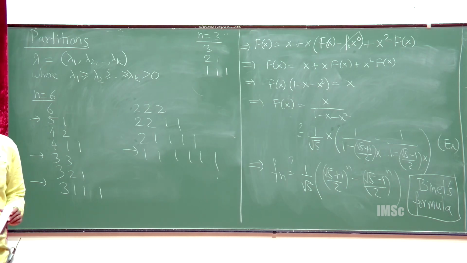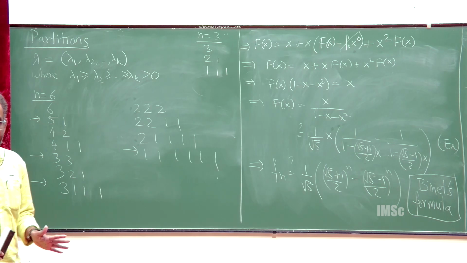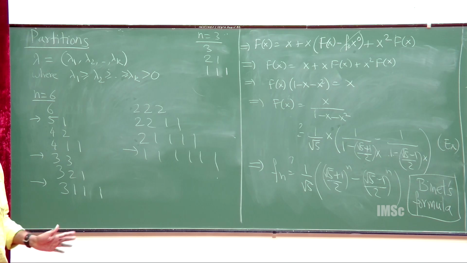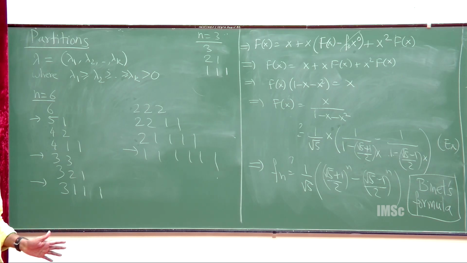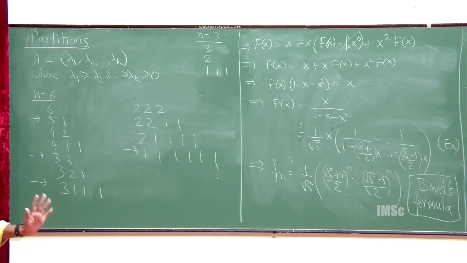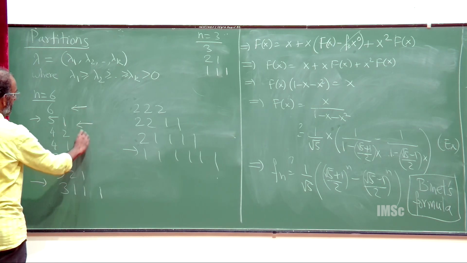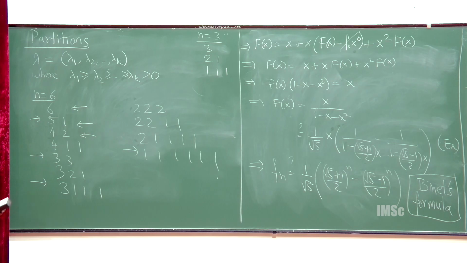4. We say that a partition is distinct if all its parts are different. Okay? There should be no repetitions. How many distinct partitions of 6 do you see? Well, okay, tell me, what are they? 6, 5 1, 4 2, 3 2 1.